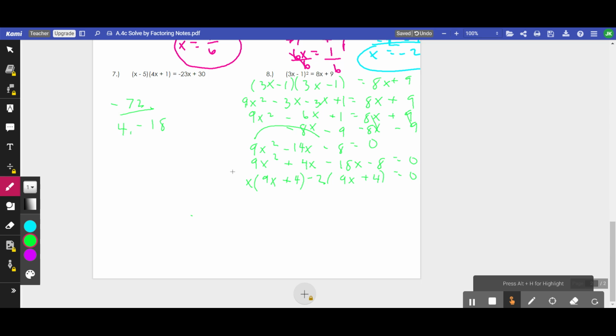And then you're going to write this the short way now. So one of your factors would be x minus 2, and then your other would be 9x plus 4, because these match, and you're just bringing one of them down there. And then you still have your equals 0 there. And then, so now this is factored, so then you can set each of these factors equal to 0 to get your solutions in the end.